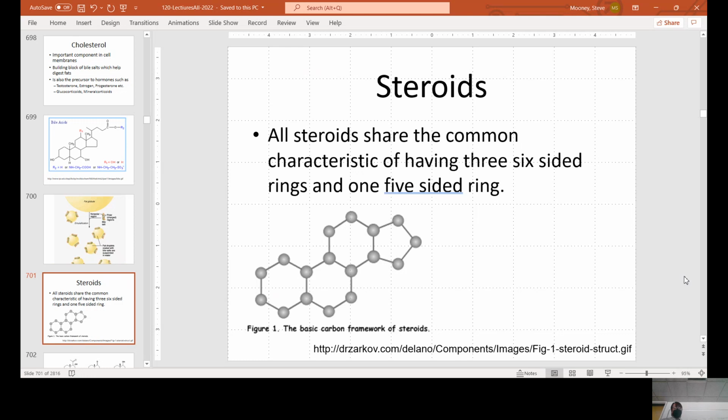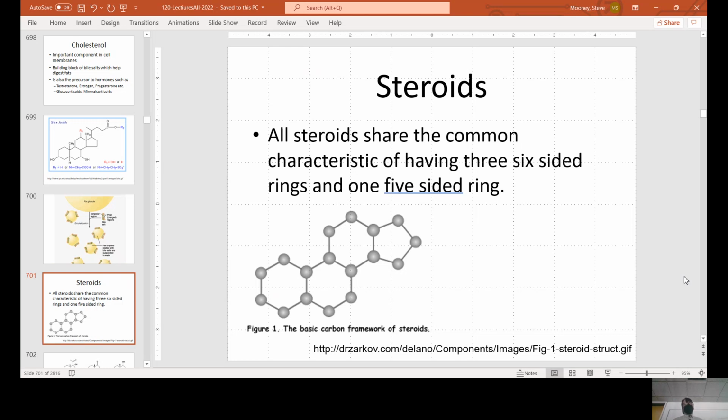So that's the basic structure of all the steroid hormones. Depending on what's sticking off of that will determine whether it's a form of estrogen, a form of testosterone, a form of progesterone, a mineralocorticoid, or a glucocorticoid.